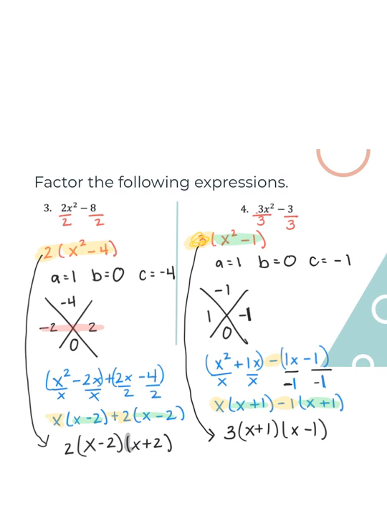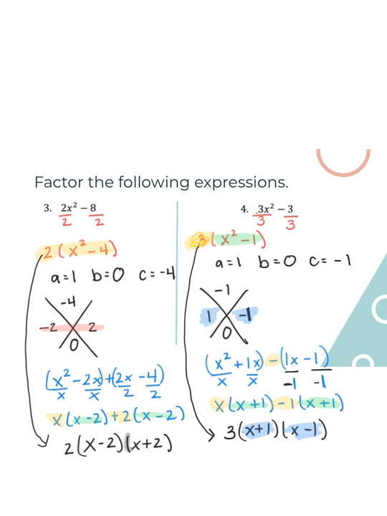I'm going to show you something that's going to blow your mind a little bit. You ready for this? Notice that I have, let me find a good highlighter color. I have a positive one right here, and I have a negative one right here. Notice that in the inside right here, I have x plus 1 and x minus 1.